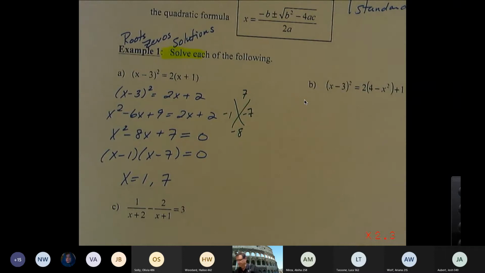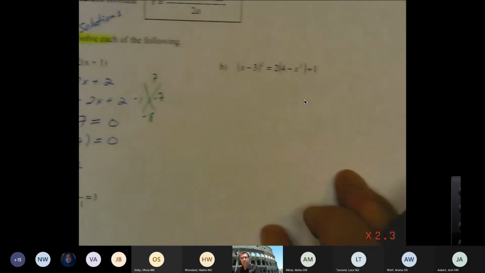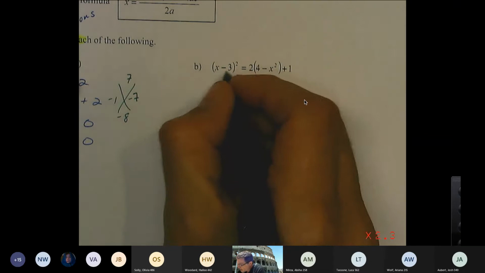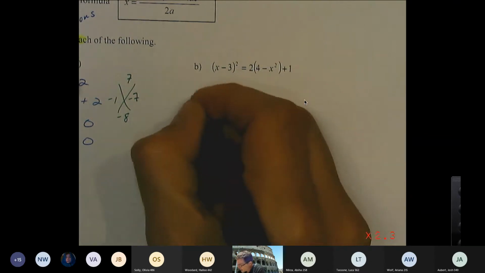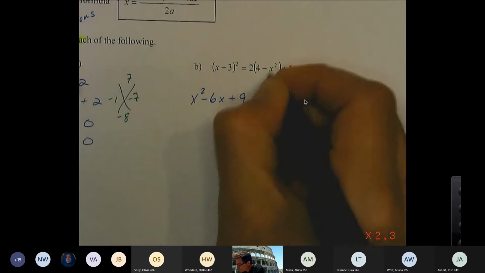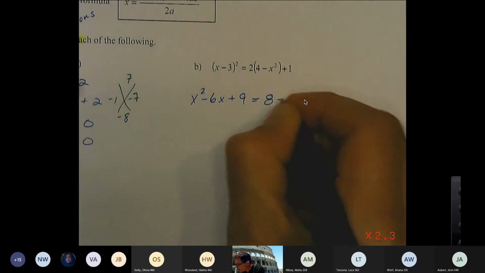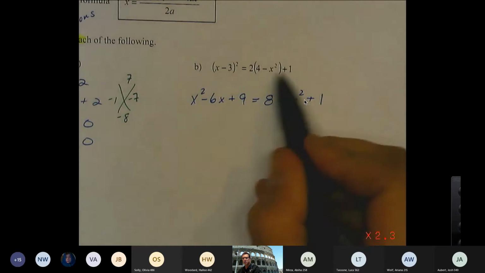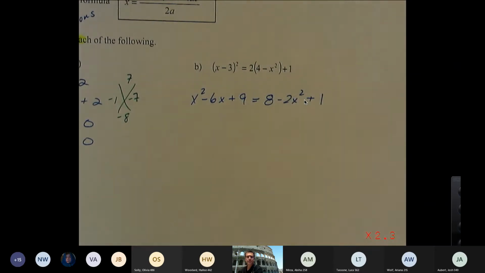Let's take a look at the next one. So, (x minus 3) squared is going to be x squared minus 6x plus 9. The 2 gets multiplied in, it becomes 8 minus 2x squared plus 1. Notice the 2 did not get multiplied by the 1.